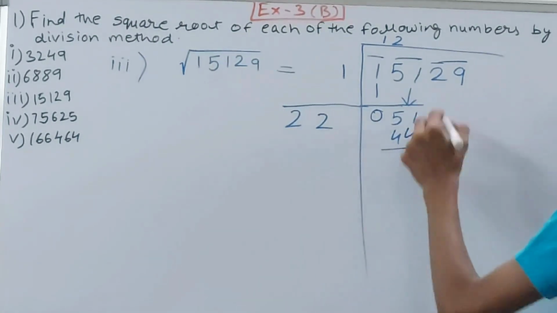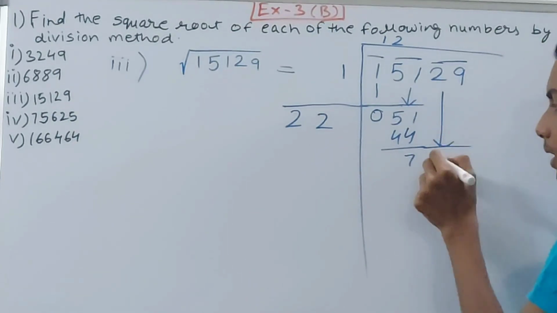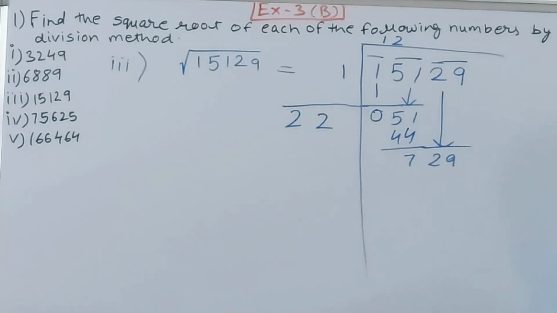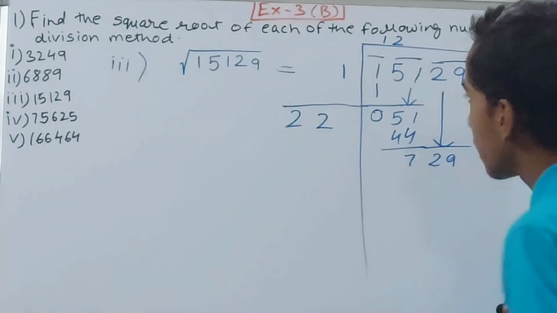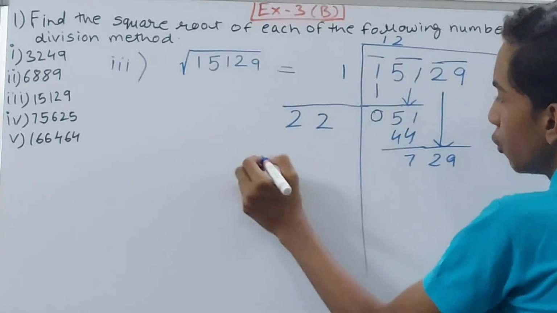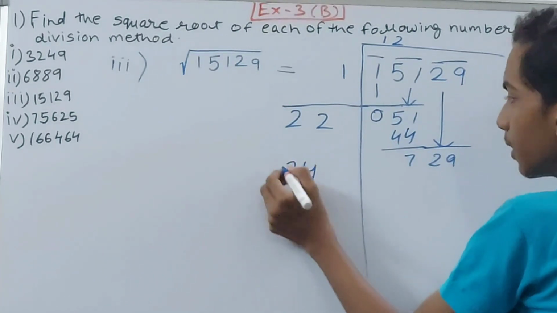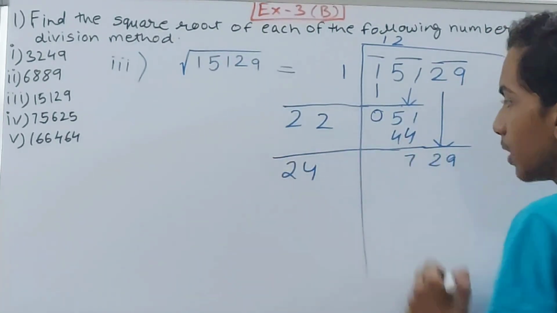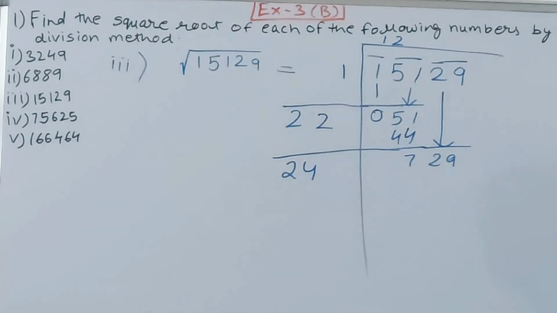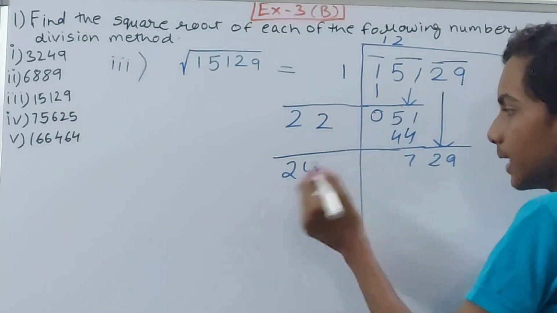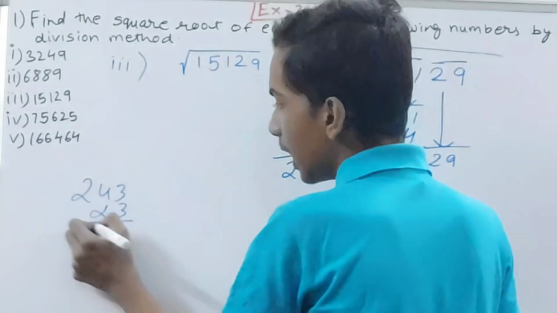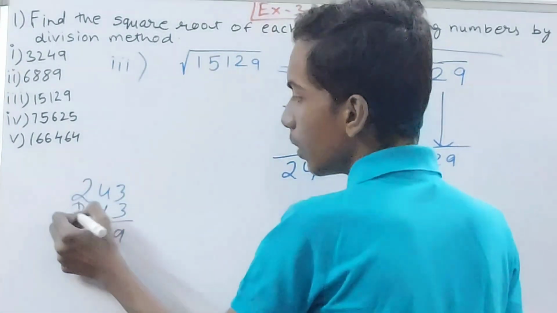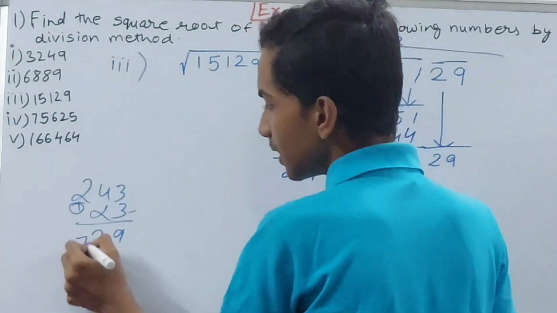Now next is bring down the last pair that is there, 29, right? So 29, let's bring it down. 12 into 2 is 24, right? Let's see what number I can take over here. So I can take 24 and let's go by 3. So 243 into 3 will be 9. 4 into 3 is 12 and 1. 3 into 2 is 6 and 1 is 7.